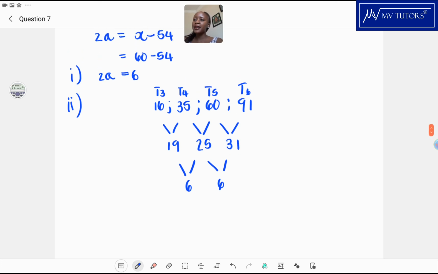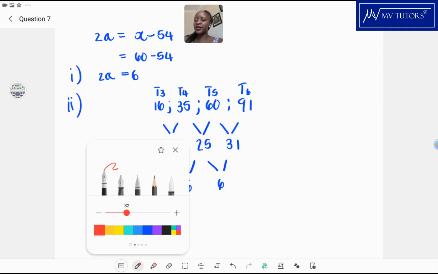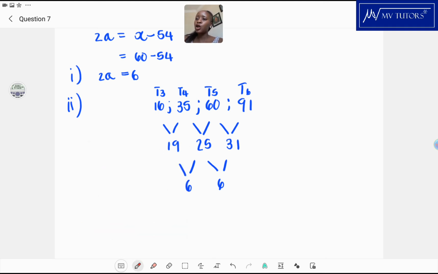But yeah, so now I need to get the first term, so I pretty much have to get the second term as well. To get this one, I need to say 19 minus 6. I'm gonna get 13, right? Because to go from 13 to 19, I need 6. Then I'm gonna say 16 minus 13, that is 3. That's my second term.